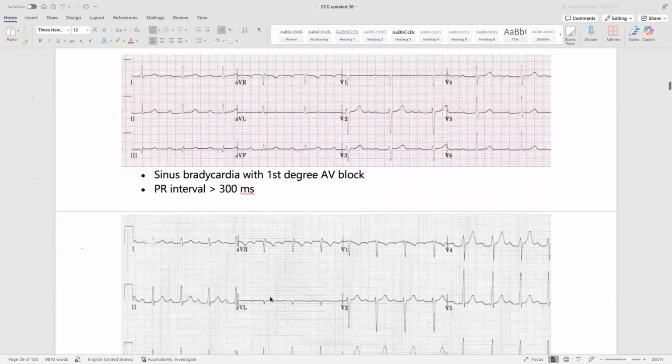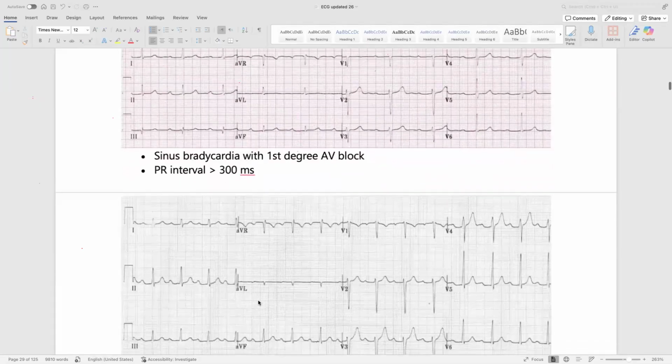Okay, and you can see here, in these leads it is not very clear. It is not the lead where you can see the P wave. Here the ECG looks normal. Again, the PR interval is a little bit delayed, prolonged.